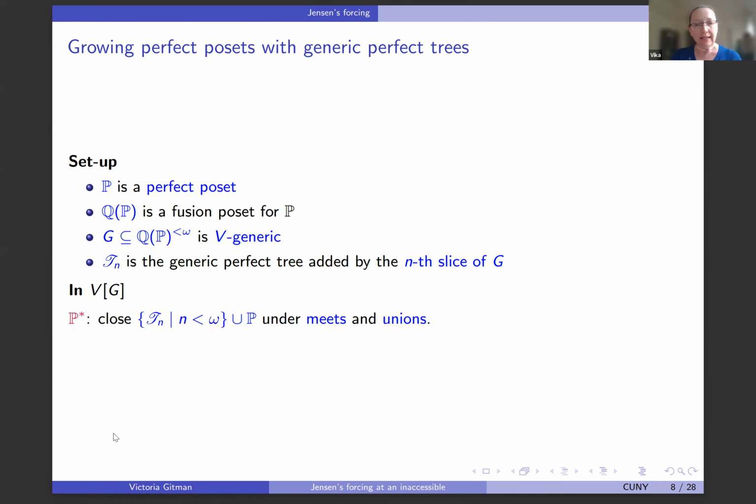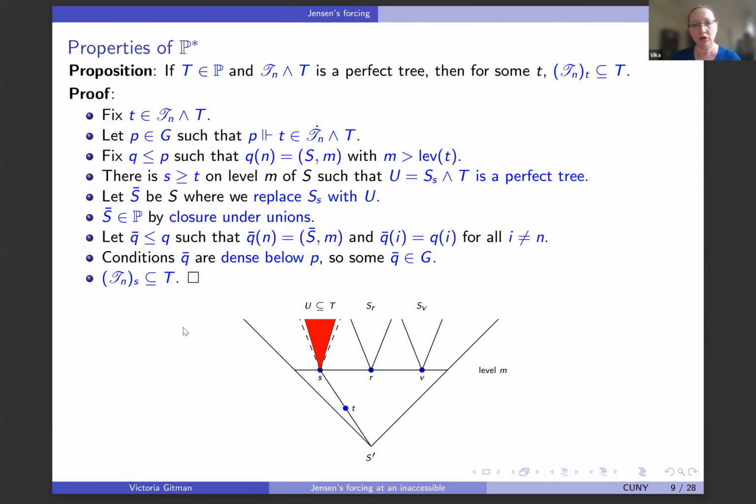Okay, so let's get some intuition for what conditions in P star look like. What does a meet of one of these old trees with one of the generic ones look like? I'm only doing two very simple proofs in this talk.